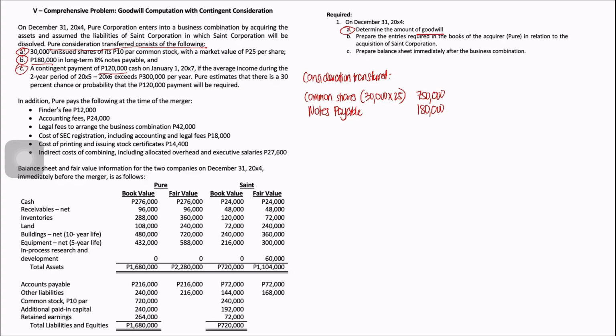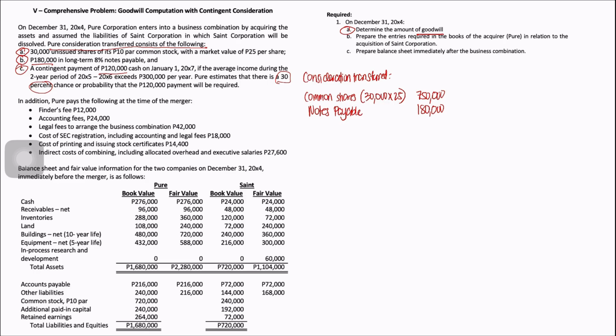Under normal accounting, we would not have recognized this contingent liability because it is not probable. Recall that probable is more than 50%, but this is just 30%. Hence, we would not have recognized this contingent liability under normal accounting.